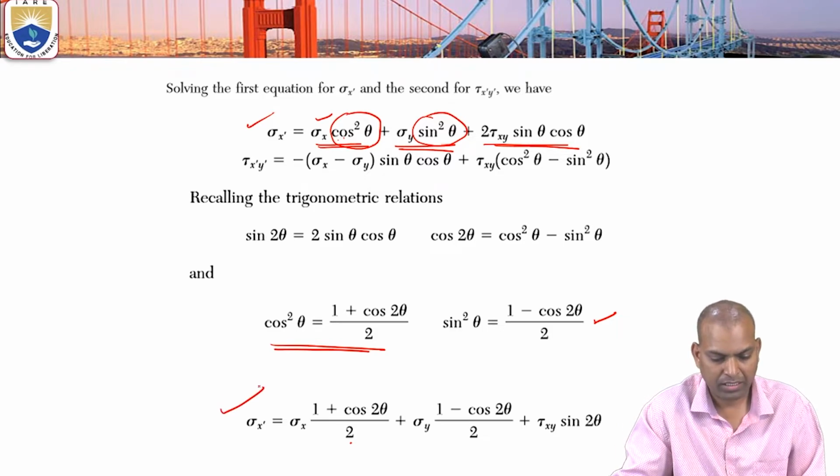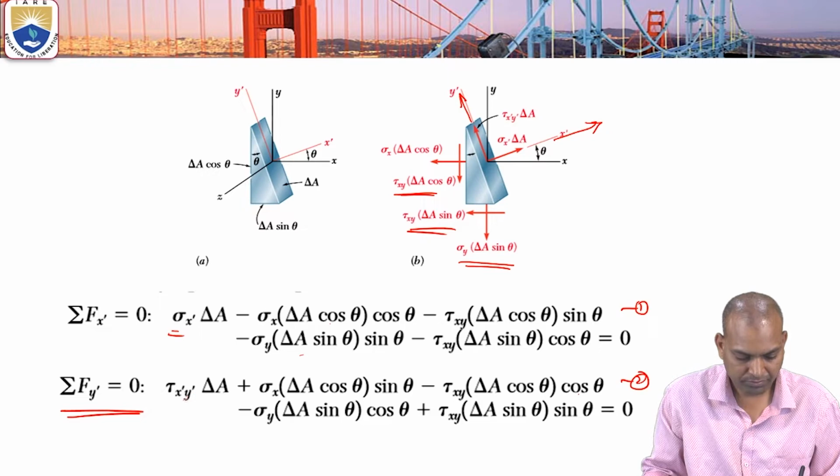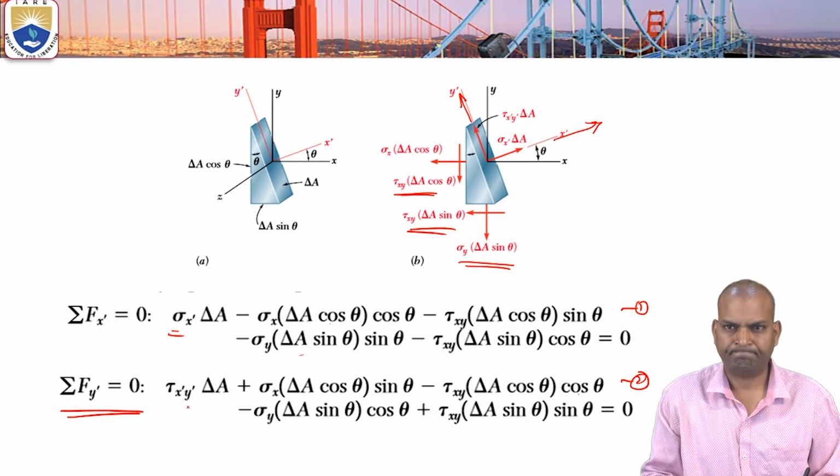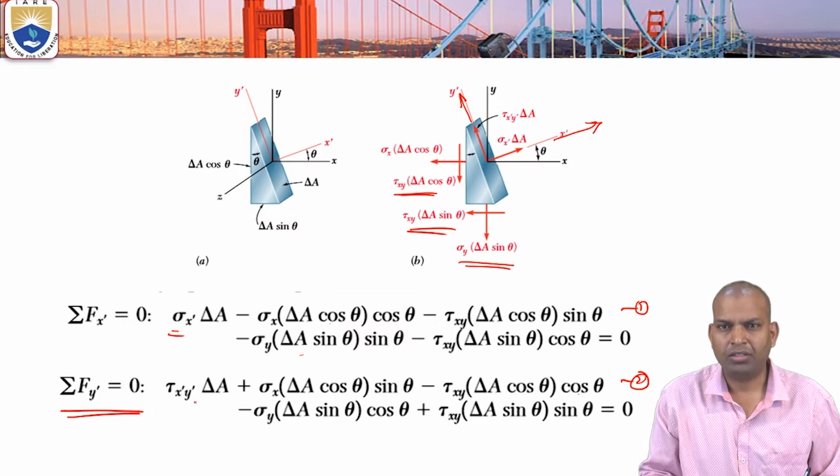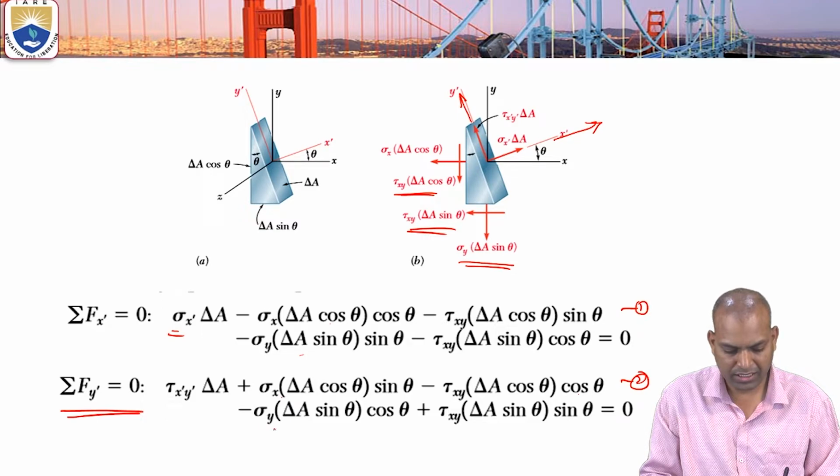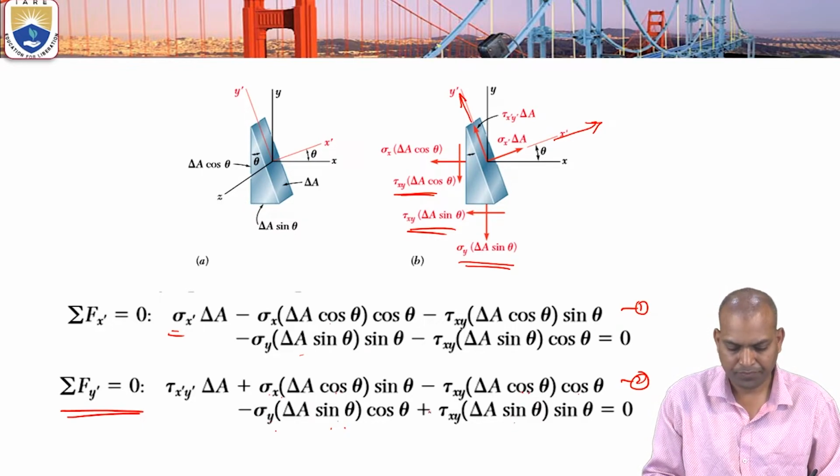This is the equation. Now from equation 2, tau x dash y dash, the common term in all terms is delta A, so delta A is cancelled. Then tau x dash y dash equal to sigma x, here sigma y, with sin theta cos theta as a common term, and also tau xy cos square theta and tau xy sin square theta.